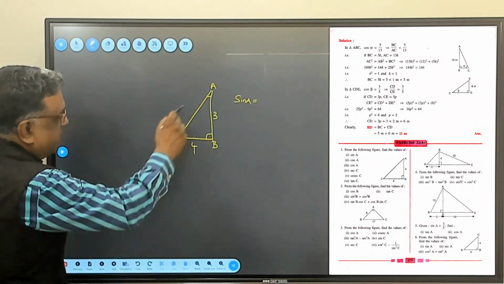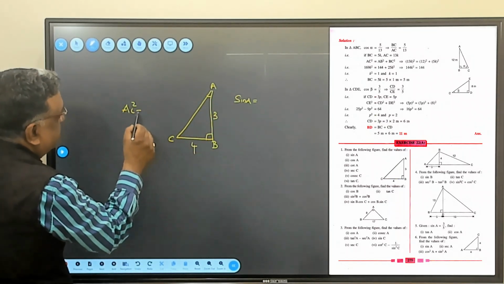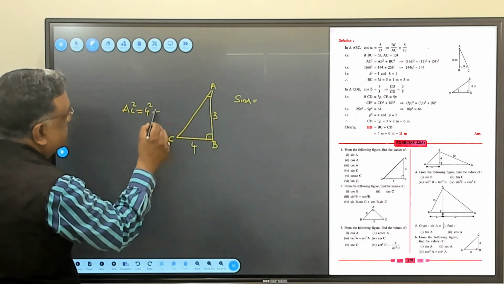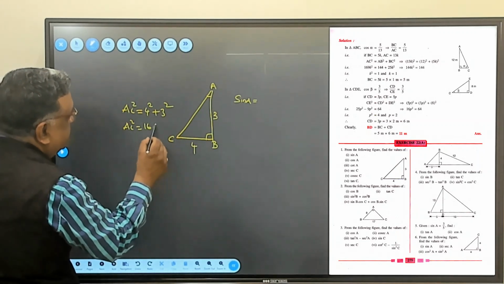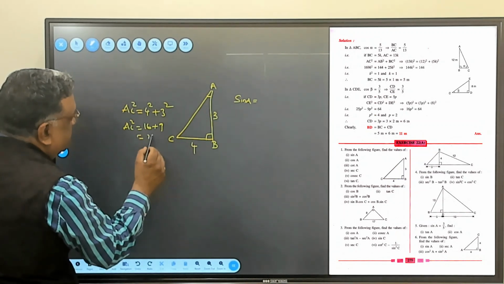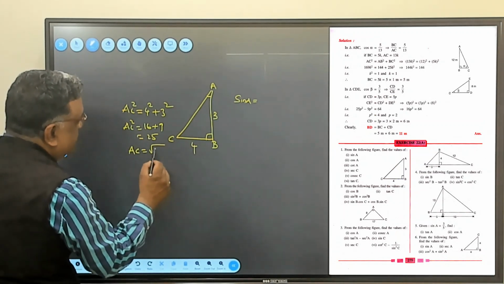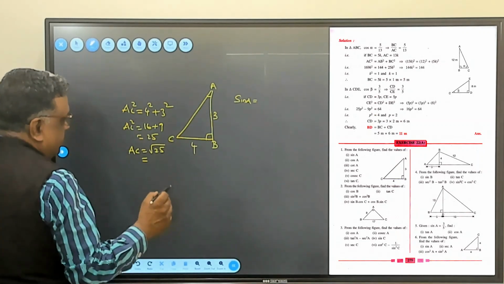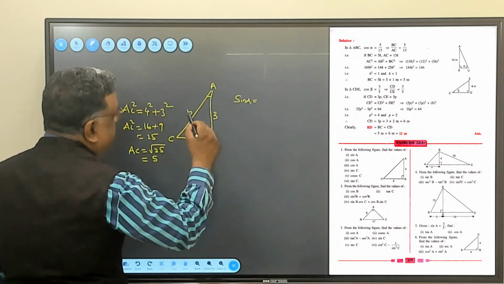Since it is a right angle triangle, I can find AC by using the Pythagoras theorem. AC square is 4 square plus 3 square, which is 16 plus 9, which is 25. So AC is the square root of 25. I'm only taking the positive value because it is representing a side. So it is going to be 5.